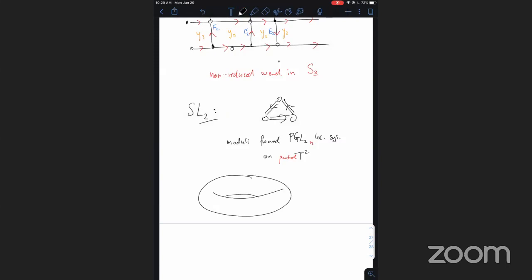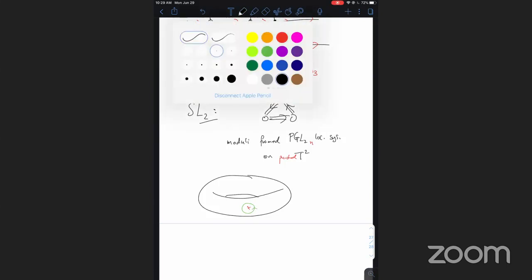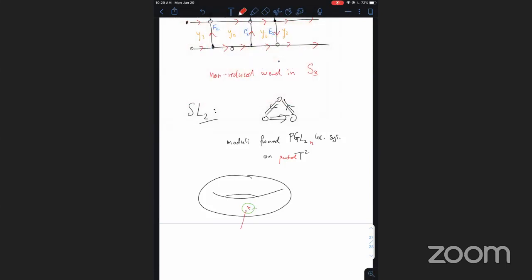So you have this punctured torus, and there's a constraint being imposed that the monodromy around this puncture ought to lie in this mirabolic conjugacy class, which is like T times the identity plus something of rank 1.